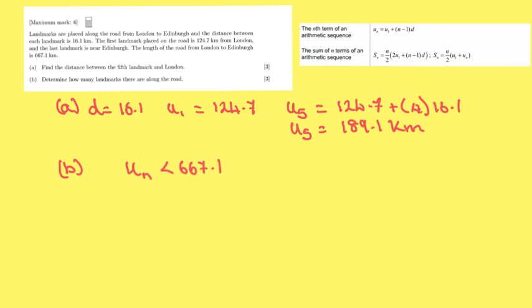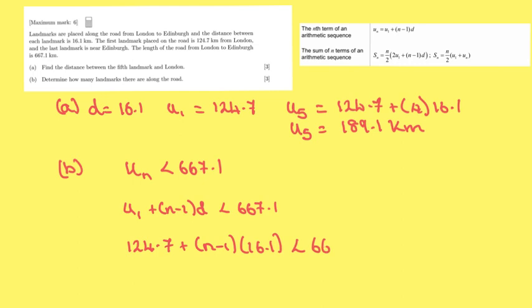Therefore, substituting u1 plus n minus 1 d is less than 667.1, we can solve for n. Therefore, 124.7 plus n minus 1 times 16.1 has got to be less than 667.1. Therefore, n has got to be less than 34.7. n must be an integer, so n equals 34.